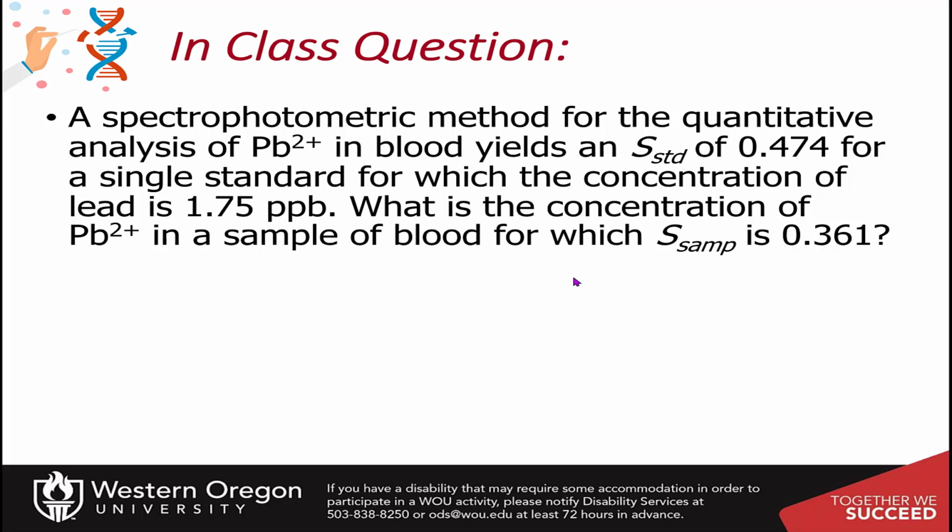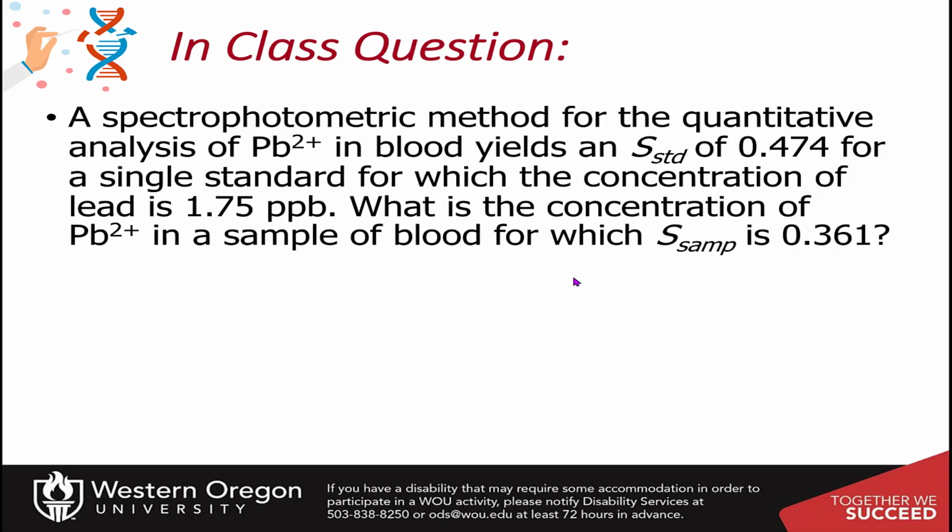All right, so here is a practice question. We will do the answer for this in class. You have a spectrophotometric method for quantitative analysis of lead in blood. And for a standard, it yields 0.474 as the reading for a 1.75 part per billion standard.